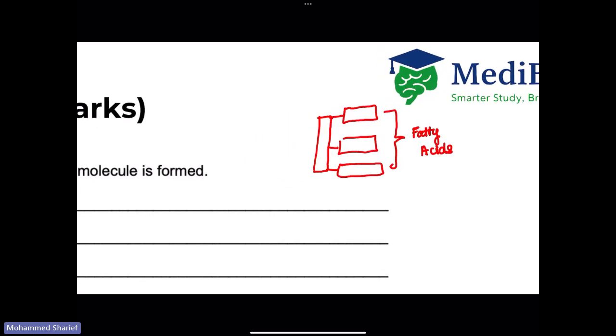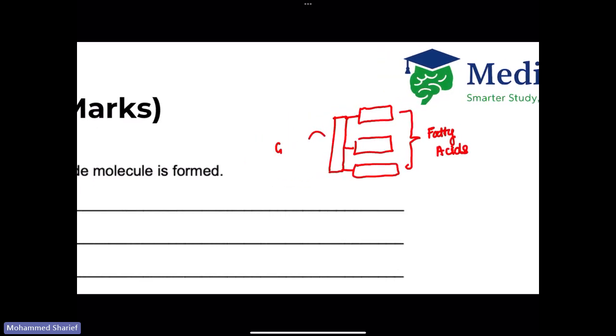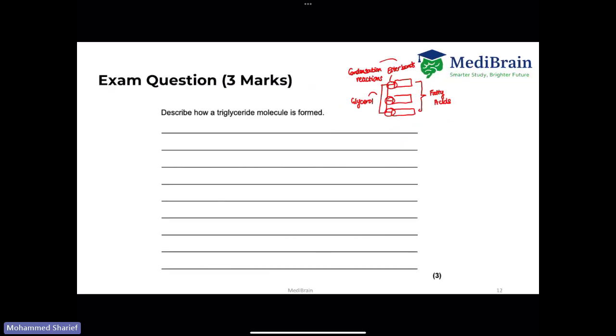This rectangle over here was a glycerol. And these bonds over here are ester bonds. And how are these ester bonds formed? They're formed by condensation reactions. That's basically everything you need to know to answer this question.